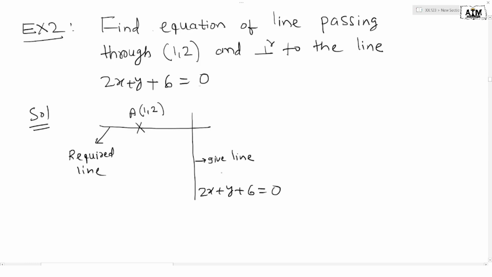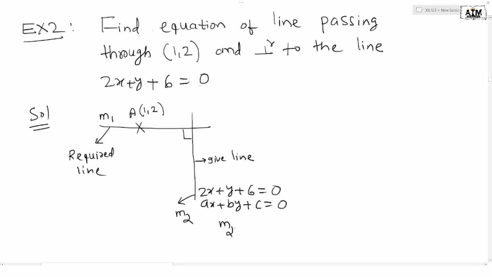Let us say the slope of the required line is m1 and the slope of the given line is m2. Both are perpendicular to each other. Now, for the slope of the given line, we compare it with the standard equation ax plus by plus c equals 0.